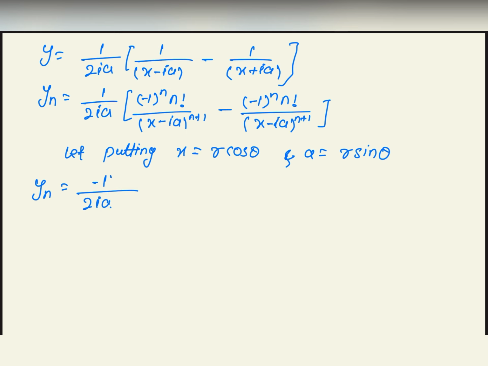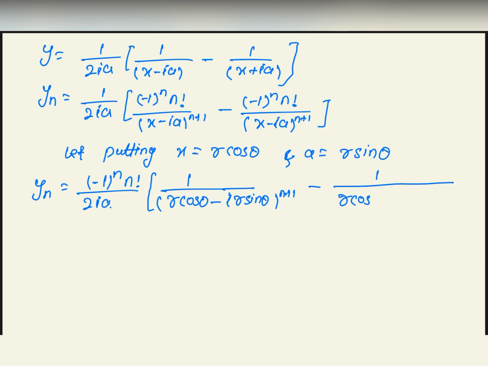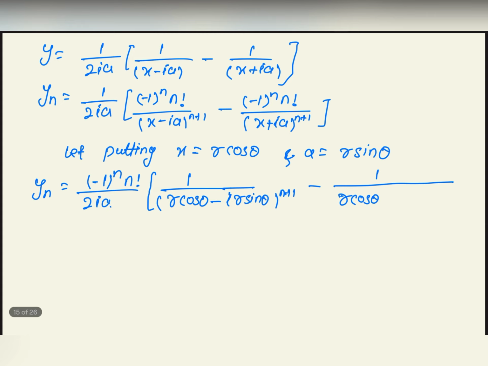Do one thing, bring it outside: minus 1 to the power n into n factorial, 1 by, in place of x put r cos theta minus, in place of ia put r sin theta, to the power n plus 1, minus 1 by, in place of x put r cos theta plus i r sin theta.